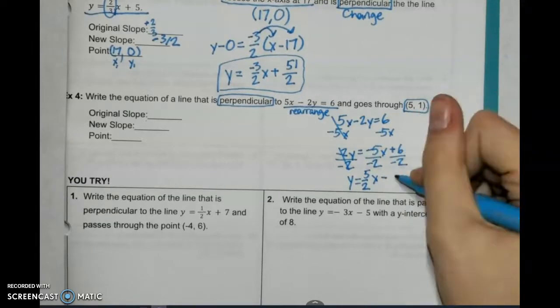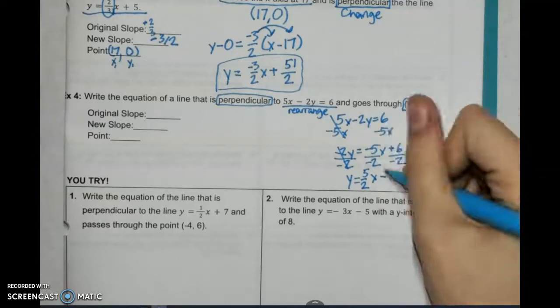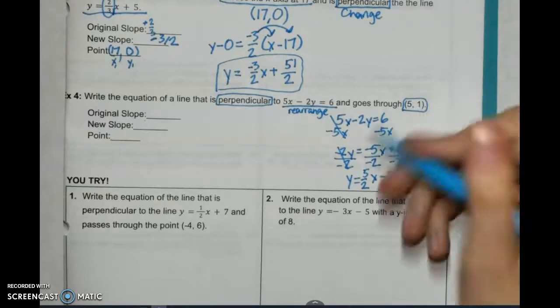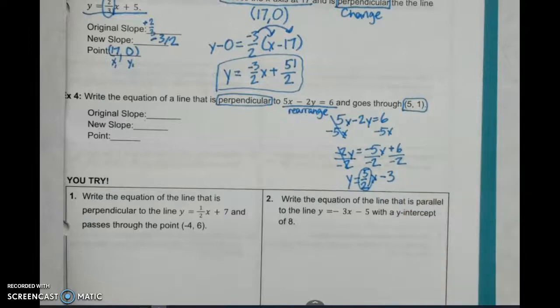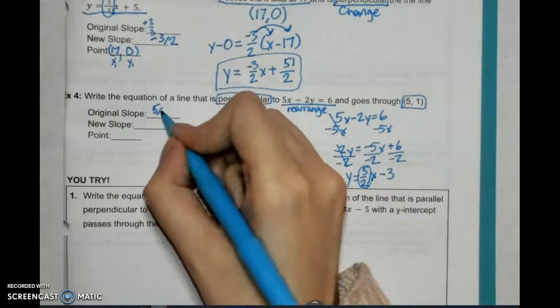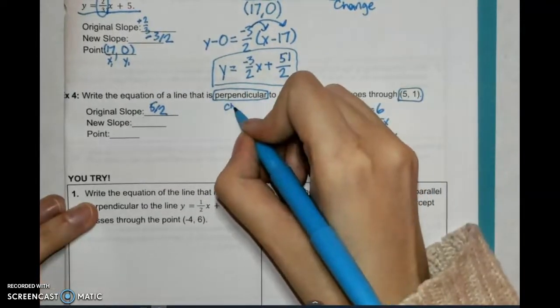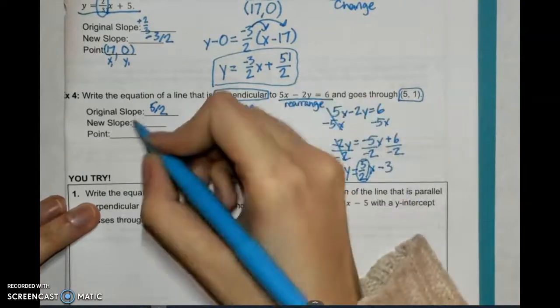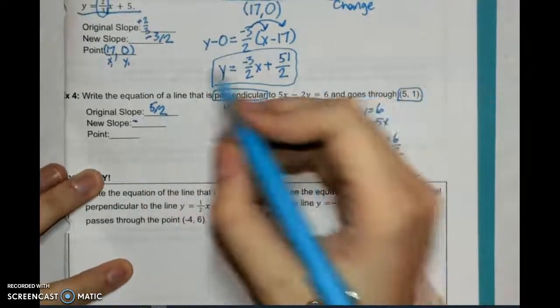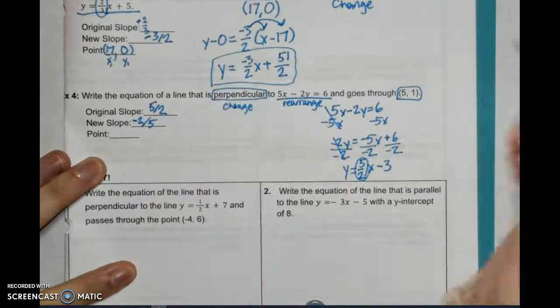The 6 divided by negative 2 is a negative 3. So this is our original slope, 5 over 2. And it's perpendicular, so we are going to change it to negative 2 over 5.